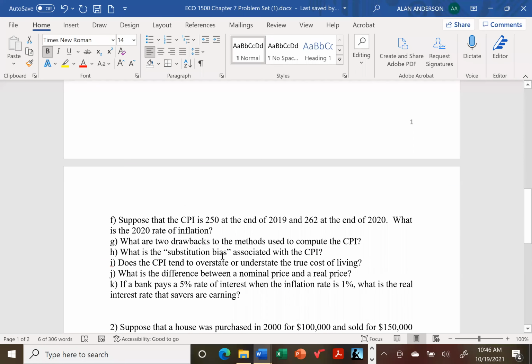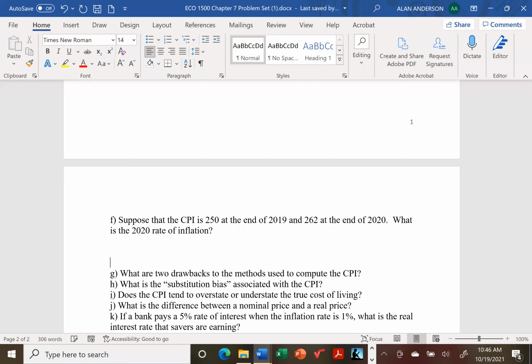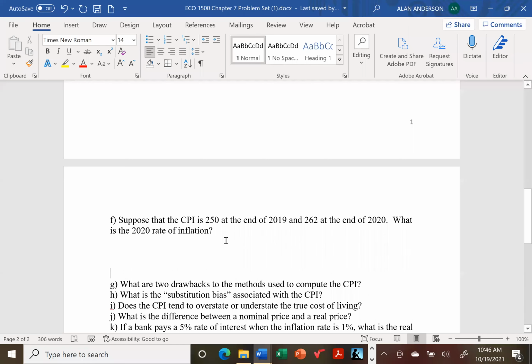Suppose that the CPI is 250 at the end of 2019 and 260 at the end of 2020. The rate of inflation is easy to figure out by calculating the percentage change in the two numbers. So in other words, it would be the 2020 CPI minus the 2019 CPI, over the 2019 CPI.